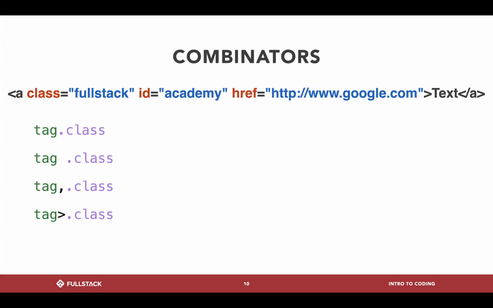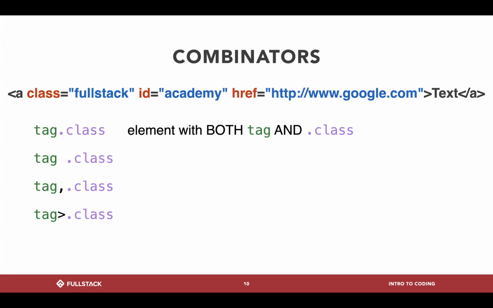Let's say I want to select all list items that specifically have the class full stack. Or if I wanted to say, I want to select all list items and all elements with the class full stack, I could do that. I could combine selectors, and they're called combinators.